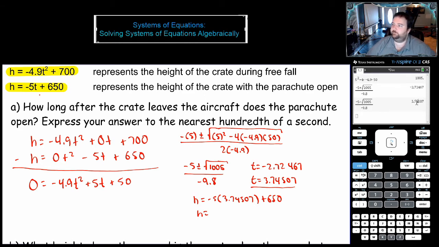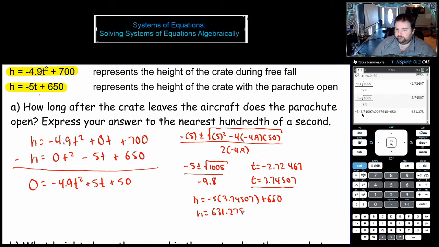So I'm just going to preemptively copy paste this. There we go. Now we're doing negative 5 times our answer, and then plus 650 is 631.275.